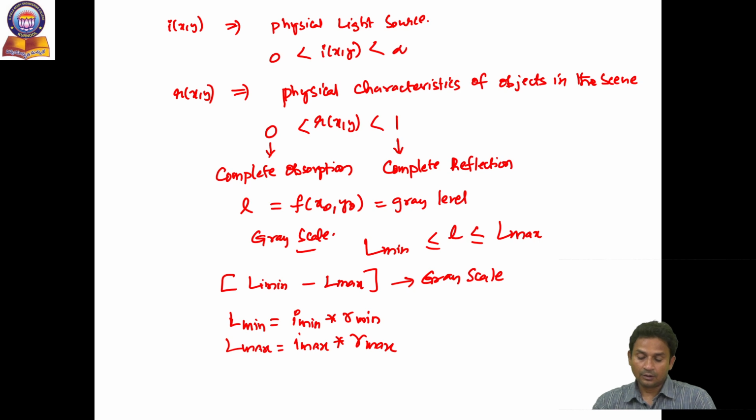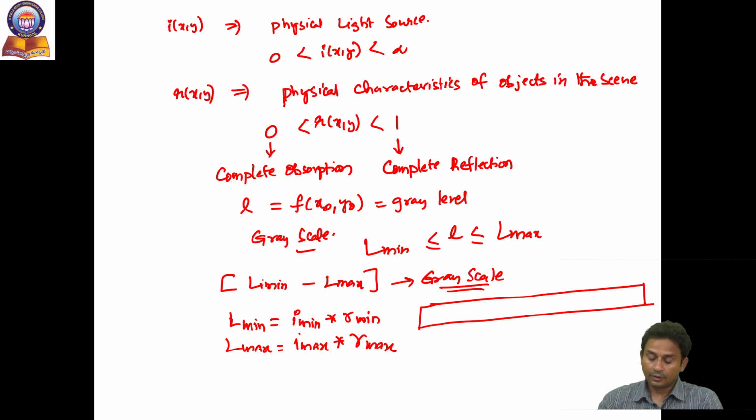The grayscale, the range between L minimum and L max, contains the intensities. The minimum intensity is nothing but black. The maximum intensity is nothing but white. The values between minimum and maximum will have different shades of gray.